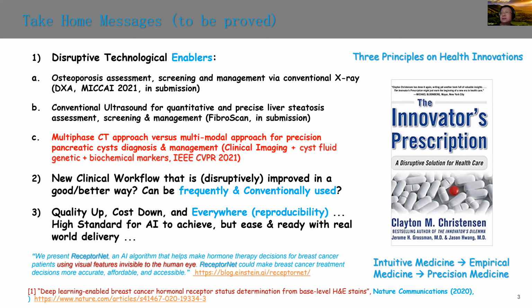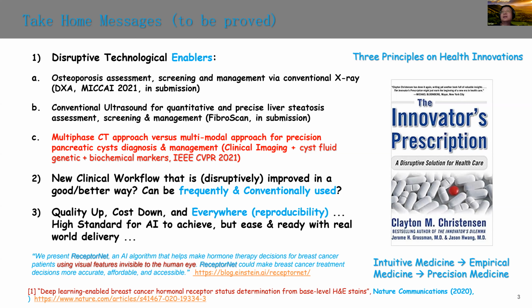The second example is to precisely assess the quantitative score of liver steatosis, right? Right now, clinical practice is done by FibroScan. FibroScan is a special ultrasound machine, like elastography, and it has some problems.